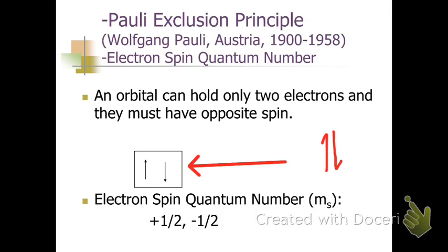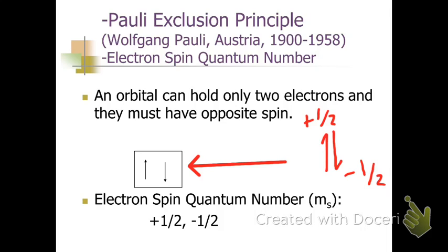That's the only way they can pair, and it turns out that the up arrow stands for plus 1/2, and the down arrow stands for minus 1/2. So all the Pauli exclusion principle says is that electrons have to have opposite spin, and there can only be 2 electrons per orbital at the most.